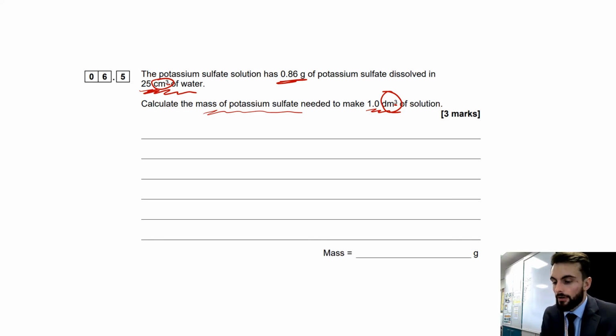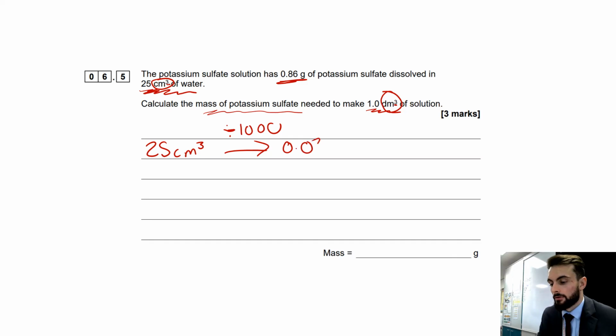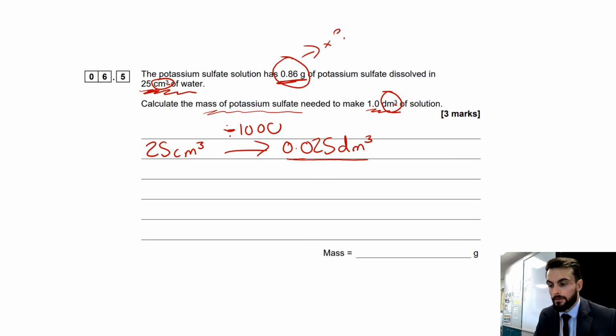So to convert 25 centimeters cubed into decimeters cubed, you need to divide by 1,000, which will give you 0.025 decimeters cubed. So what we've just worked out is that 0.86 grams of potassium sulfate is enough to make 0.025 decimeters cubed. So what you need to do then is figure out, well, what do I need to multiply this by to make it up to 1 decimeter cubed?